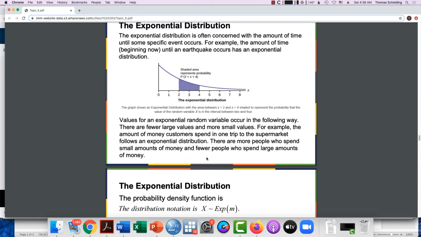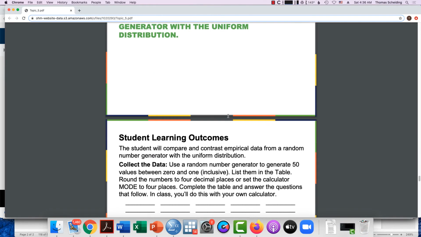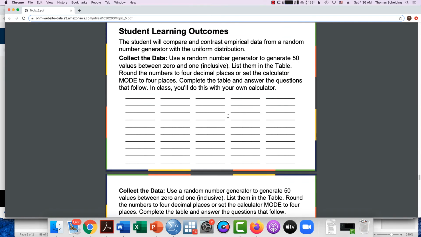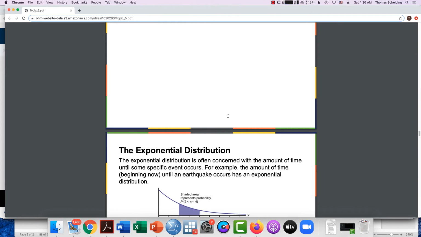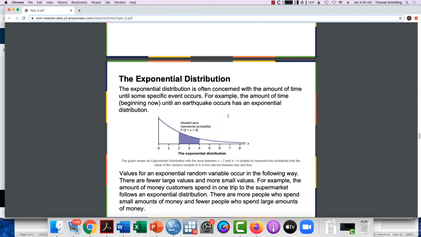Now let's look at the exponential distribution. Actually, before we get to that one, okay, let's go back to this here.